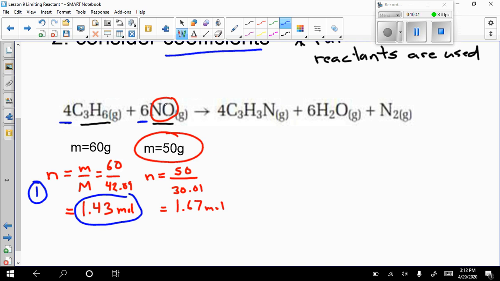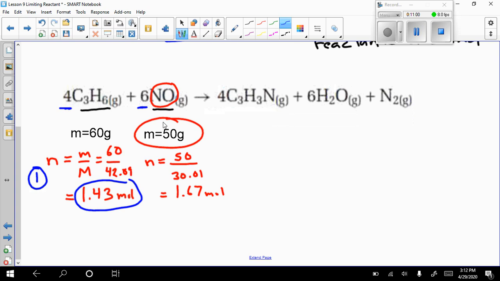So does everyone see that really the nitrogen monoxide is being used up faster? Because if you think about it, 4 of this first one will disappear and 6 of this second one will disappear as they convert into products.